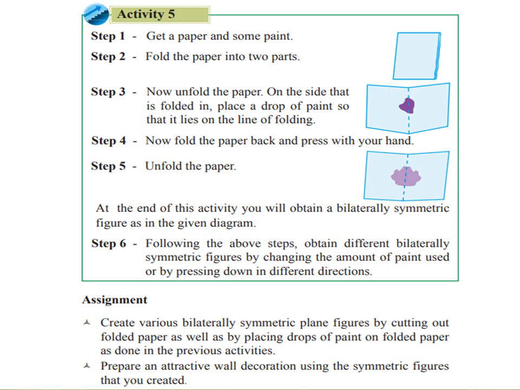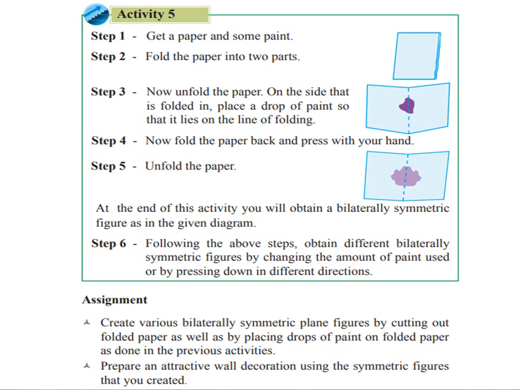And step 4, just fold the paper and press with your hand. Just press firmly with your hand. So you will see that after unfolding it, a bilateral symmetric figure has been drawn on your paper.